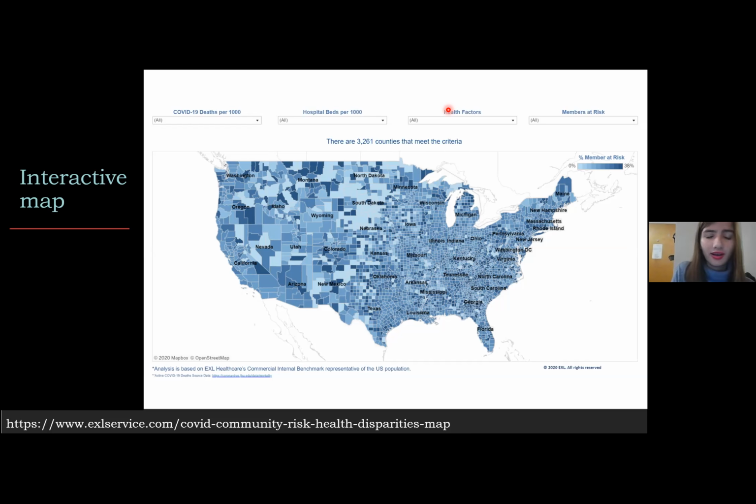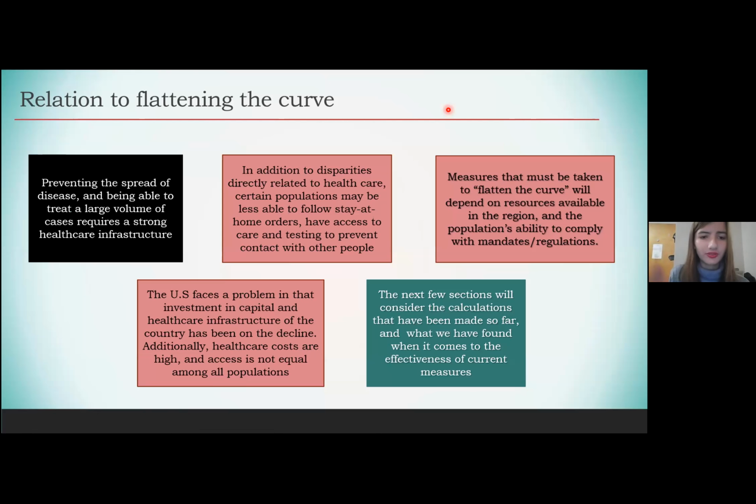disparities there are. And yeah, just as a quick recap in relation to flattening the curve, preventing the spread of disease and being able to treat a large volume of cases really does require a strong healthcare infrastructure. And the US faces a problem in that the investment in capital and healthcare infrastructure in the country had already been on the decline before the pandemic.